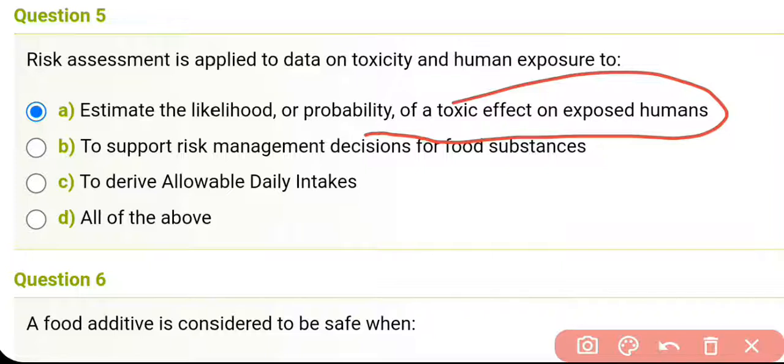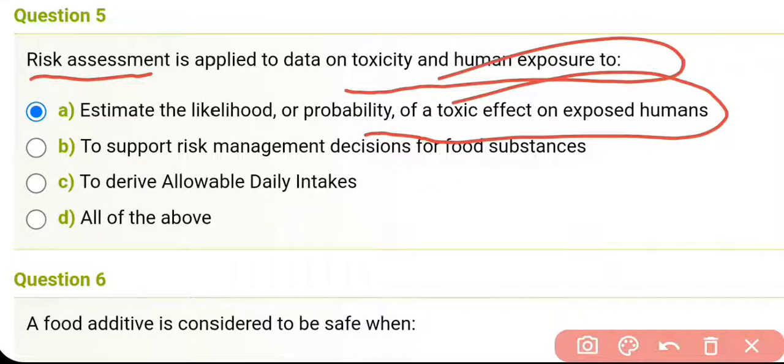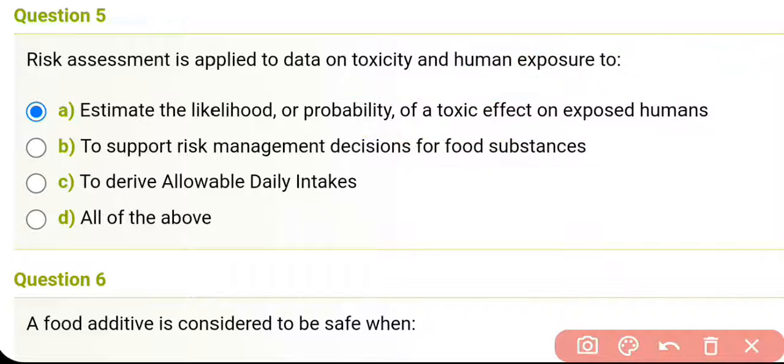So what we do risk assessment for, it is applied to data on toxicity and human exposure to estimate the probability or likelihood of a toxic effect on exposed humans. What is the level of effect? It is the probability, what may happen after having that food or after having that substance through food.